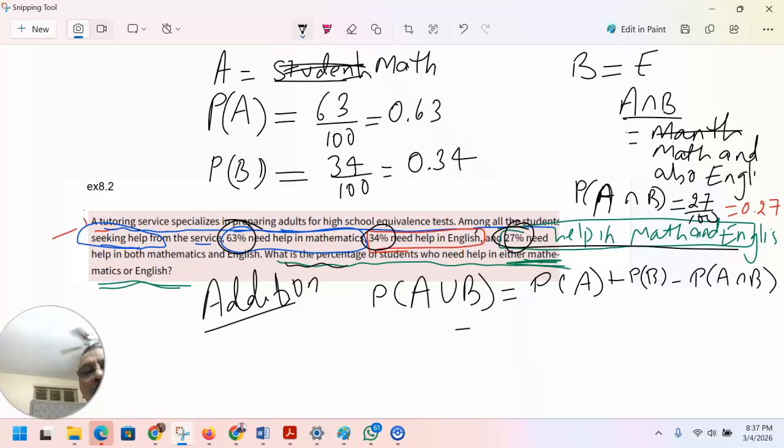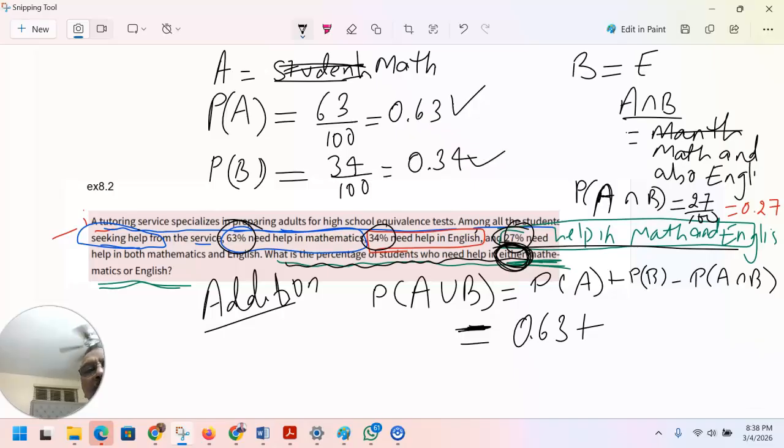So what is the percentage of students who need either? The word either is very important. Either means either he is taking mathematics or English.